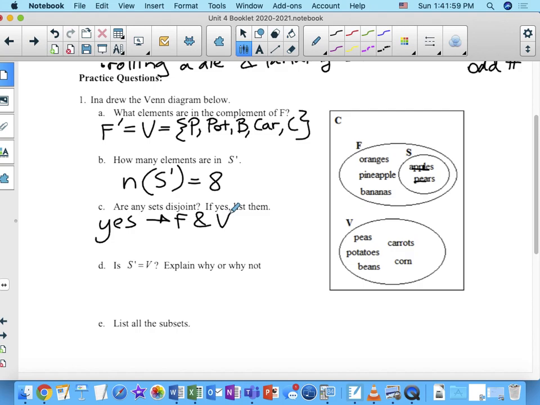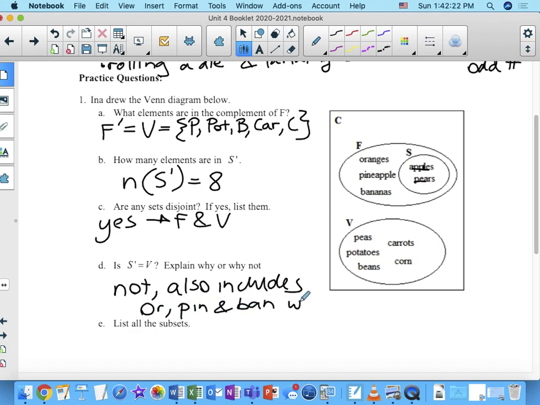Well, S complement is not equal to V because S complement also includes oranges, pineapples, and bananas, and those are not in V. No.